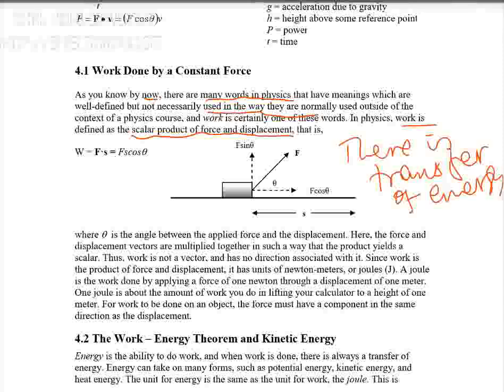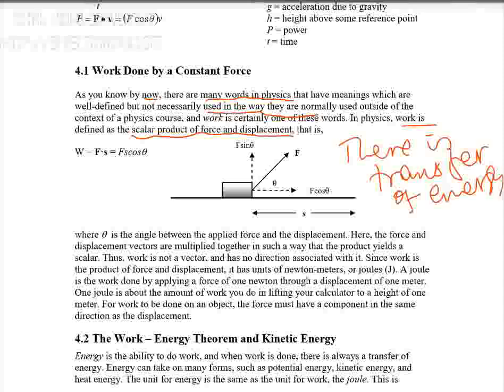In our daily life, when we say work is anything in which we lose energy, that is work in an actual situation. But in physics, that's not right.